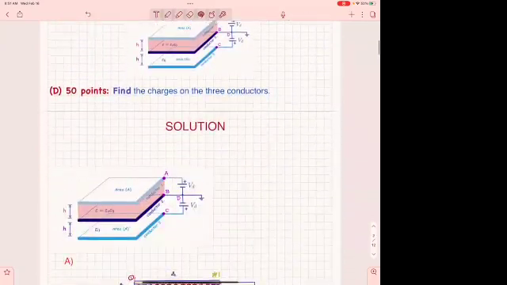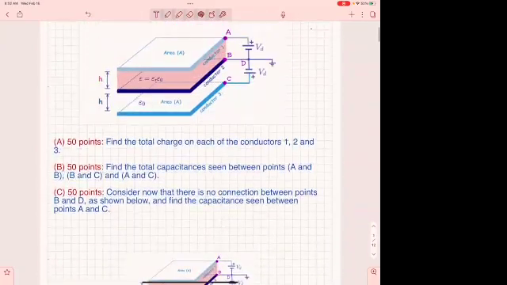And then it says find the total capacitance. If I have one source, for example, connected to this, I'm going to find the capacitance between A and B, or B and C, or A and C, depending on what I'm trying to measure, right? I can put my probes in different locations and I will try to know what I'm measuring.